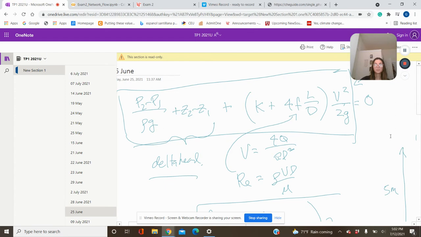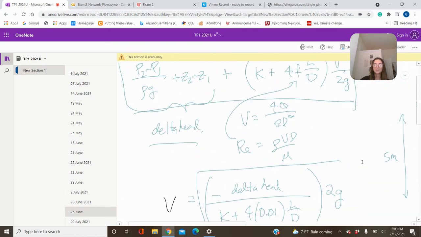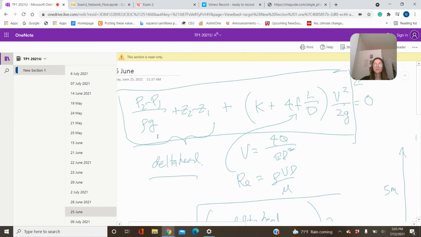Before I start my code, we have our formulas written out and recorded. Our Bernoulli's equation, the first half, is going to be our delta head, our change in head through each pipe to each node.